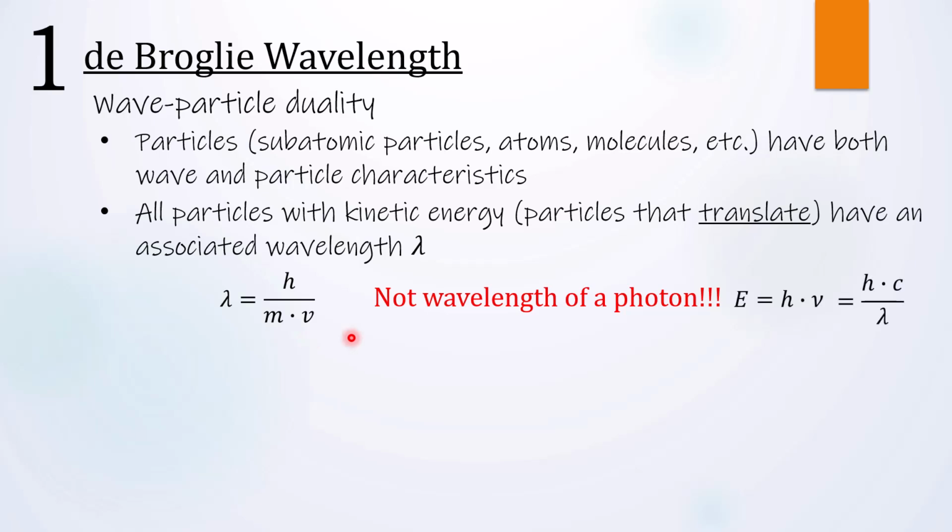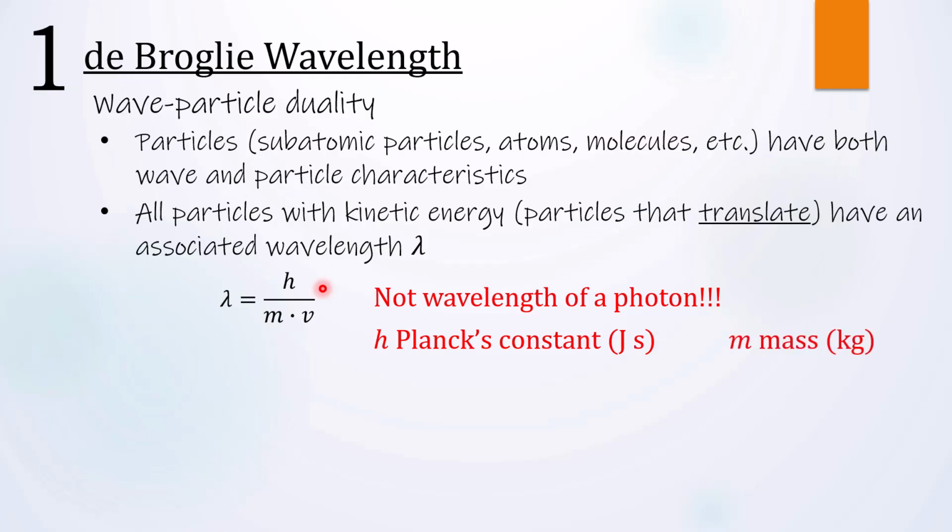This is the expression that I have introduced earlier in the electromagnetic radiation video that I made, where the energy of a photon is equal to Planck's constant times frequency nu, which is also equal to Planck's constant times the speed of light over the wavelength of the photon, right? So this expression here does not apply to a photon. This applies to a particle that has a kinetic energy, an associated mass and velocity.